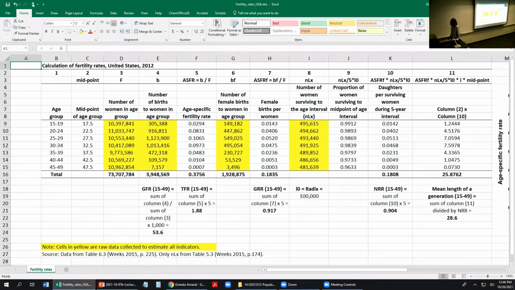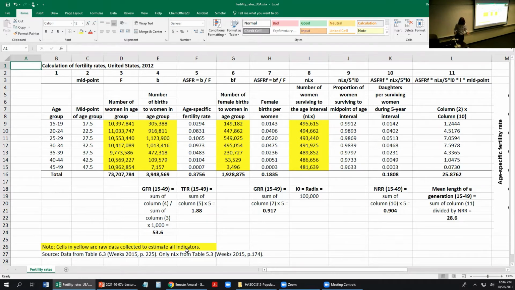In the last class, I started showing you this spreadsheet where we calculate a series of fertility rates, the ones that we just discussed in the slides and the lectures. The cells in yellow are where I collected information from different sources.